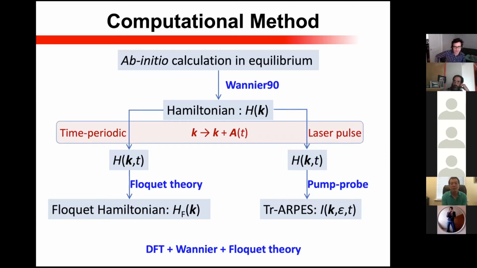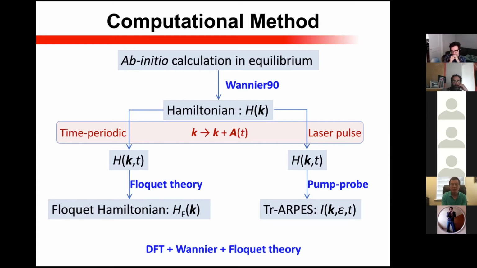For the equilibrium band structure, the state of the art is density functional theory, called first principles or ab initio calculations. However, with this method you cannot apply an electromagnetic field or illumination.